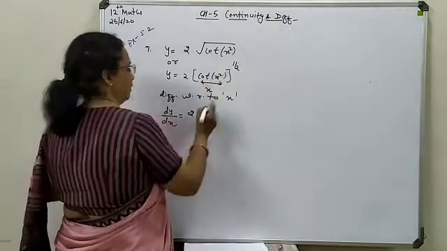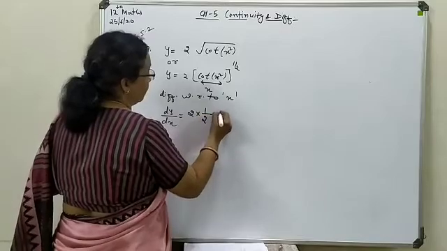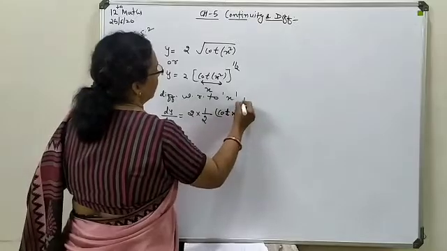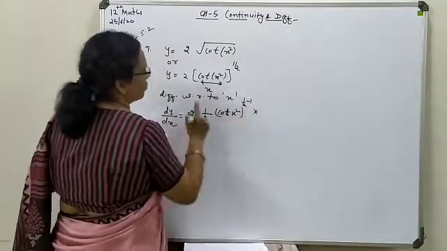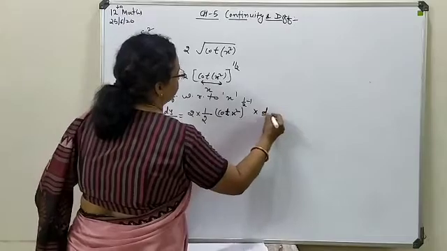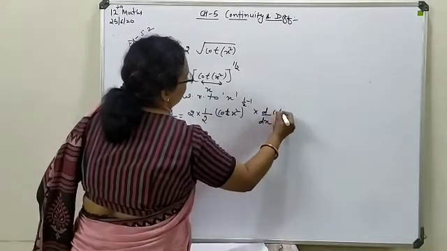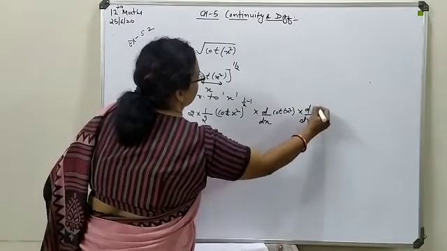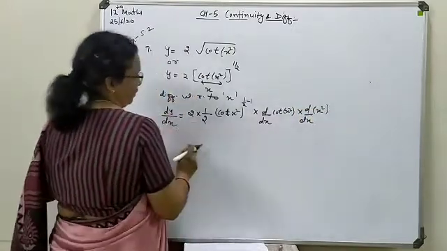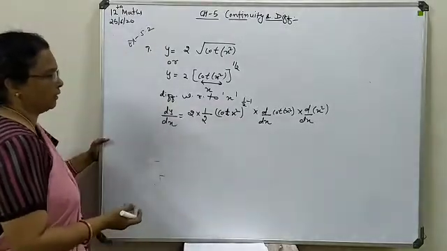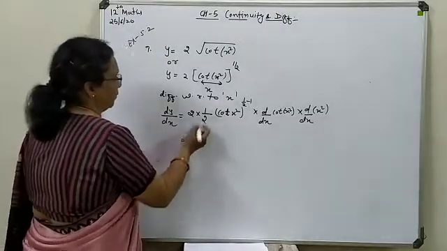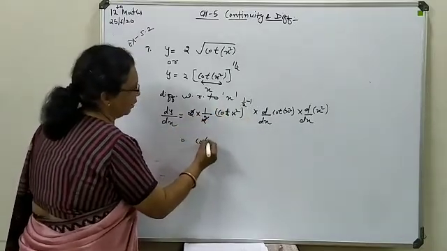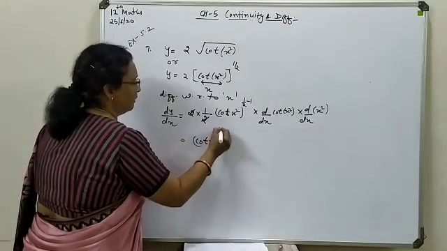Then as x power half it is to be treated, means 1 upon 2, cot x square to the power 1 by 2 minus 1, into differentiation of cot x square, and then finally differentiation of x square. So again it is a category of chain rule. Here you can say this 2 and 2 cut. This power will be minus half. So this is your cot x square with power minus half.